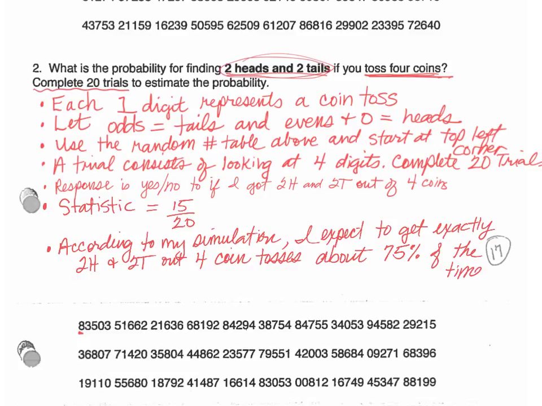Now, let's think about this for a second while you're finishing it out. According to my simulation, I expect to get exactly 2 heads and 2 tails out of 4 coin tosses about 75% of the time. As I do many trials, that cumulative probability will settle down to the true probability. So I might be a little inflated right now.